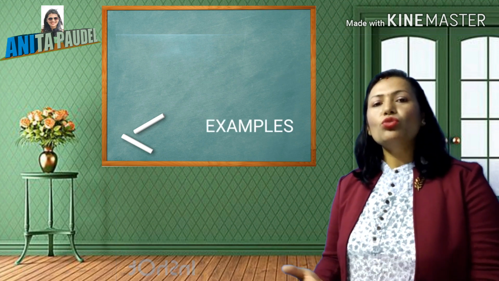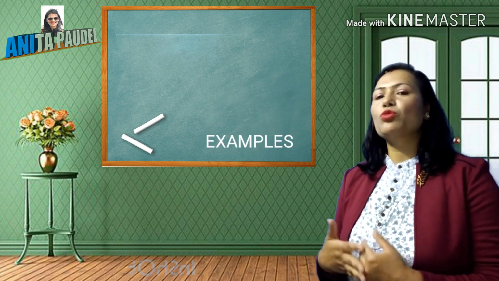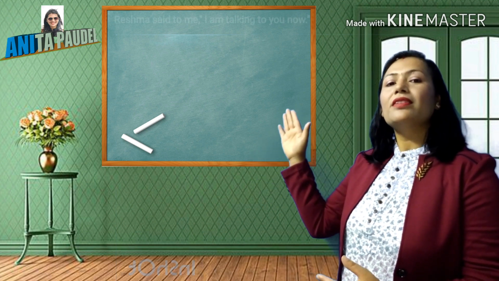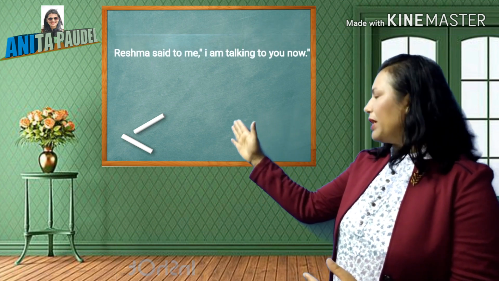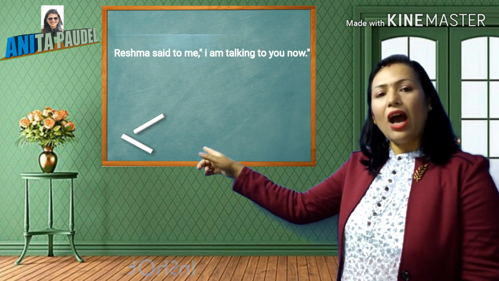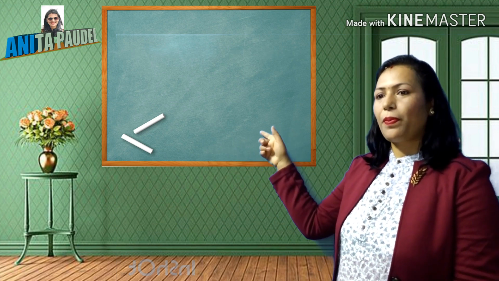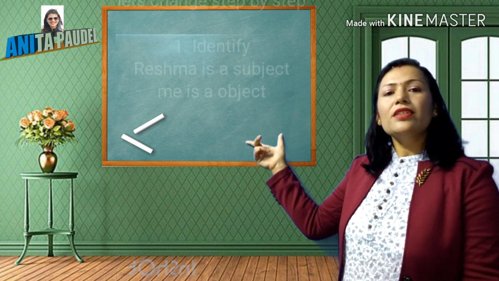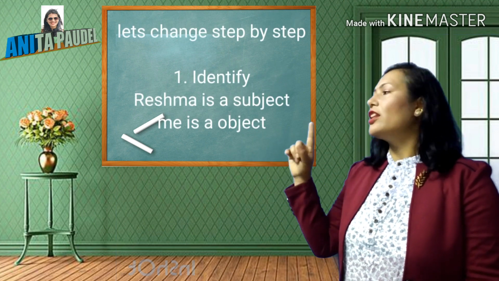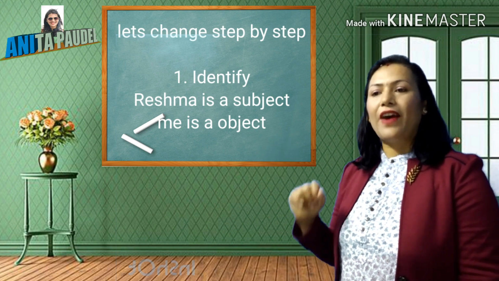Now, let's go through the examples so that it becomes more clear. Here, Resma said to me, "I'm talking to you now." Let's change it stepwise. Here, the first step that we learned was identify.